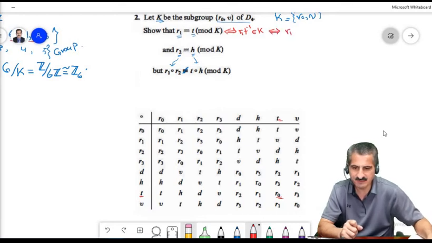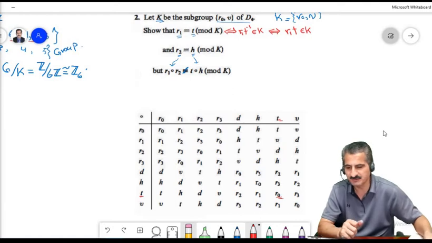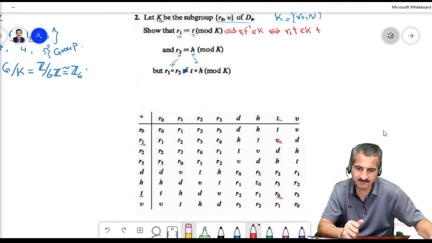That means now I need to show that R1 multiplied by T belongs to K. And is that true? What is R1 multiplied by T? The multiplication here means composition. So we go to R1 here, go all the way till we reach T, and here it is: R1 compose T is V. So this is true, since R1 multiplied by T is V, and V belongs to K. It is here.